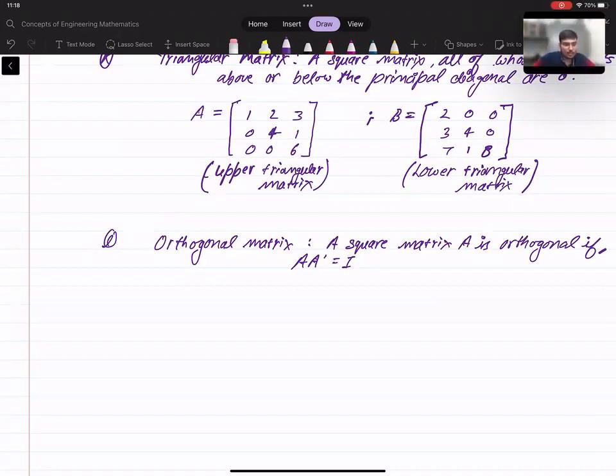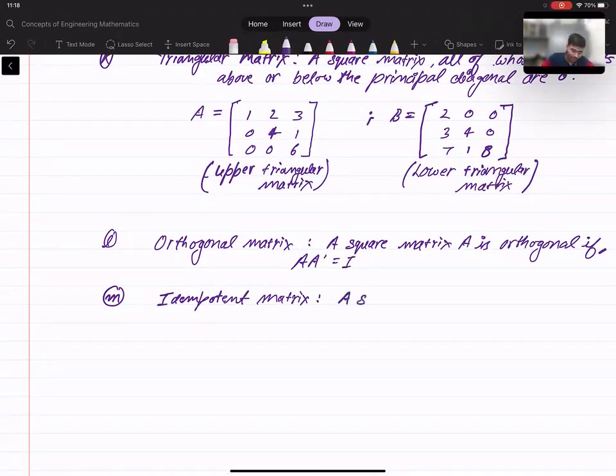an idempotent matrix. So what do we mean by an idempotent matrix? This is again a square matrix.